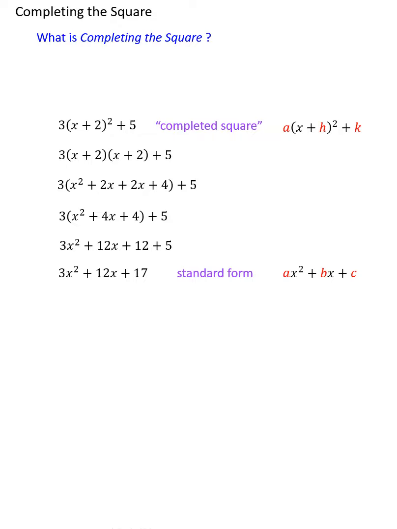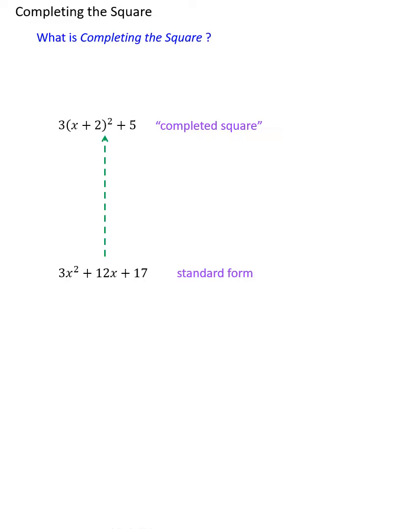Now, there are going to be times in this video, of course, but also beyond and in other parts of mathematics, where we have to do the reverse of what we just saw. In other words, we have to take a polynomial in standard form and reverse the process and get ourselves back to the completed square form.